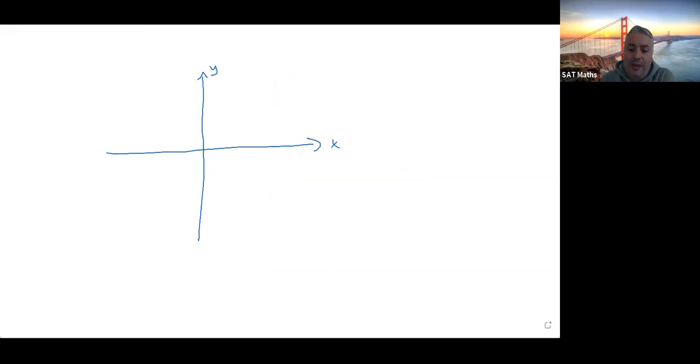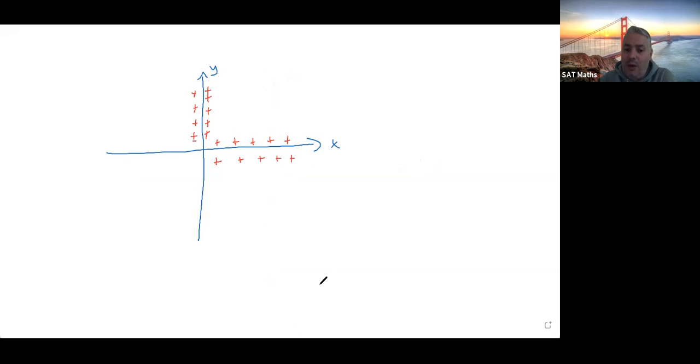Can I say right now, X values in the first quadrant are positive. Even in the fourth quadrant, positive. And Y values in the first quadrant are positive. Even in the second quadrant, positive.